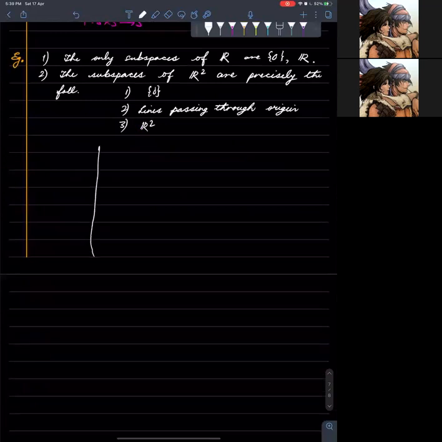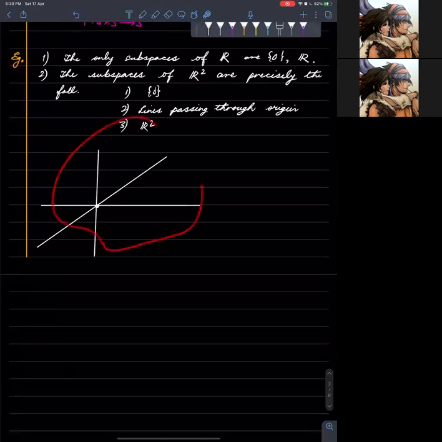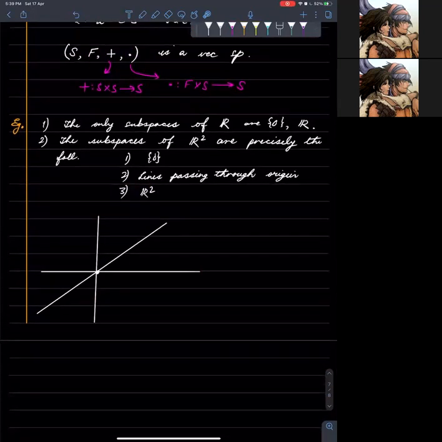If we draw a picture, this is a subspace of R2. Any such thing is a subspace of R2, and of course the entire R2 is a subspace of R2. So these are the only subspaces of R2, and it is a good exercise to prove that this is indeed the case.